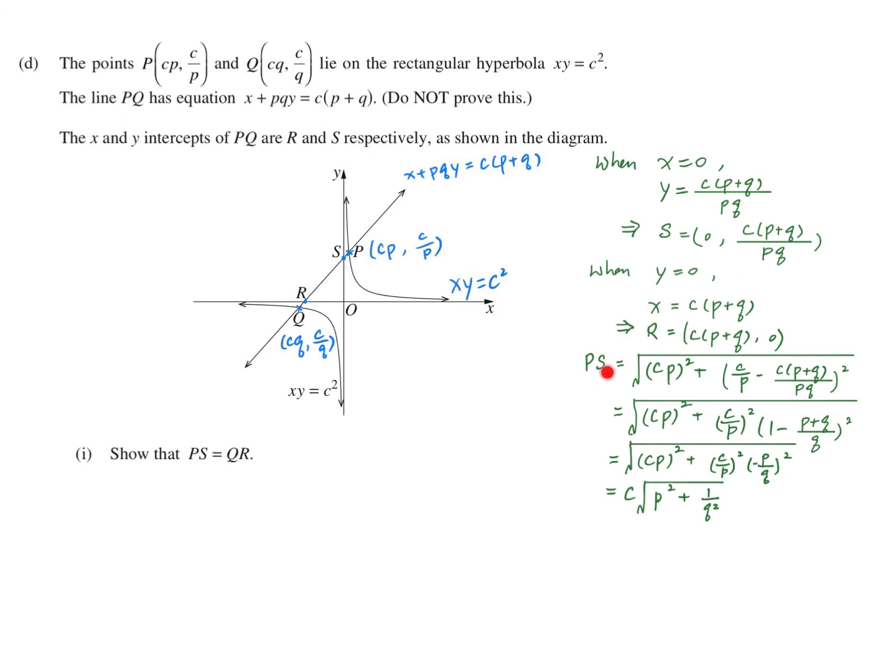We can get the length of PS by applying the distance between 2 points, which is this one. Similarly, we are going to calculate the length of RQ. And here you can see the length of RQ equals c times the square root of p squared plus 1 over q squared, which is exactly equal to the length of PS.